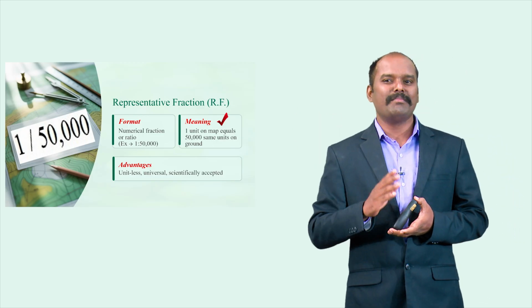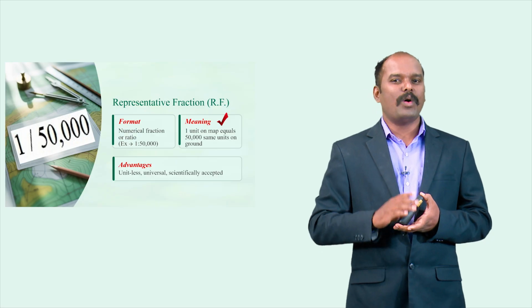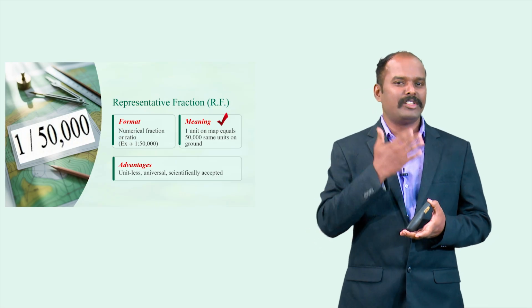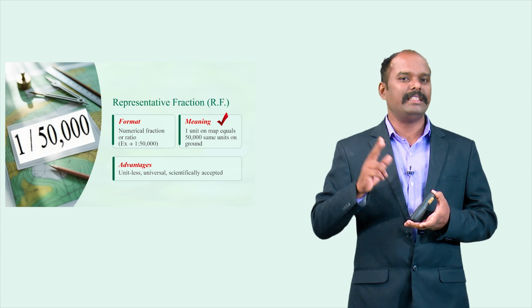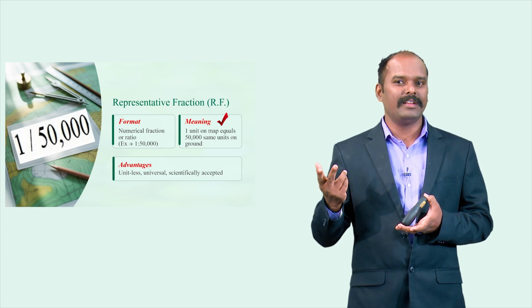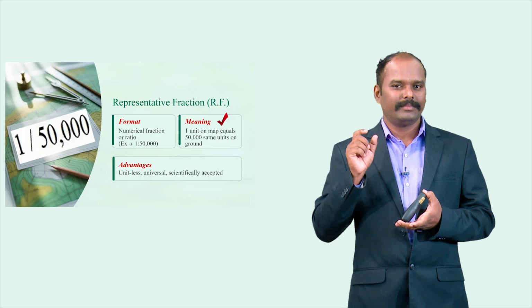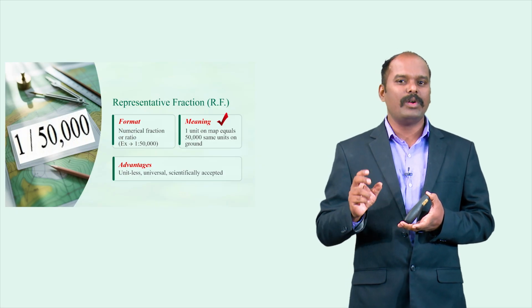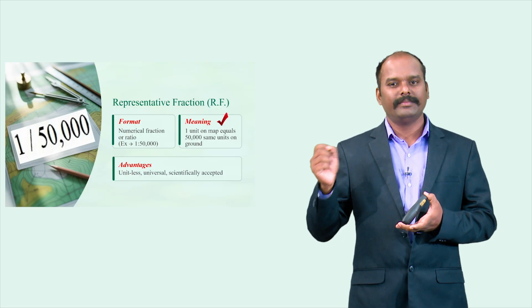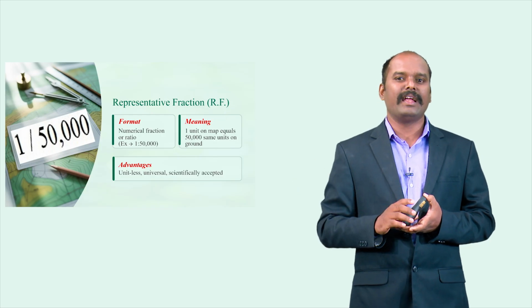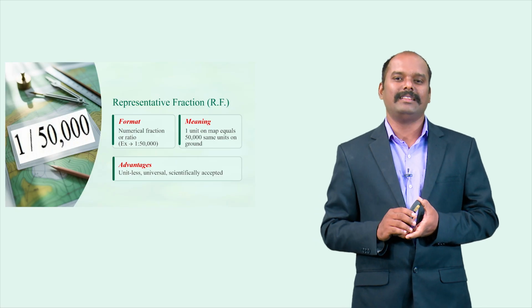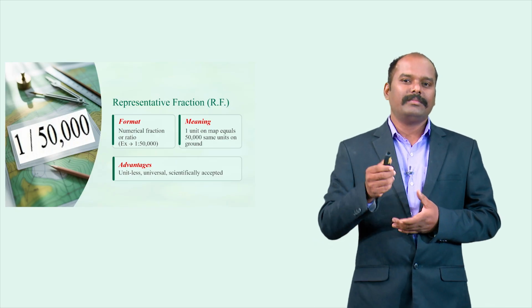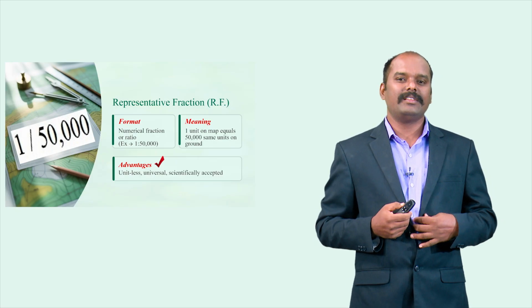What is meant by same unit? That 1:50,000 may be understood in two ways. Maybe 1 centimeter is equal to 50,000 centimeters. Another way, 1 inch is equal to 50,000 inches in the real world. So, we can understand it in the metric system and also in the English system. This is the major advantage.